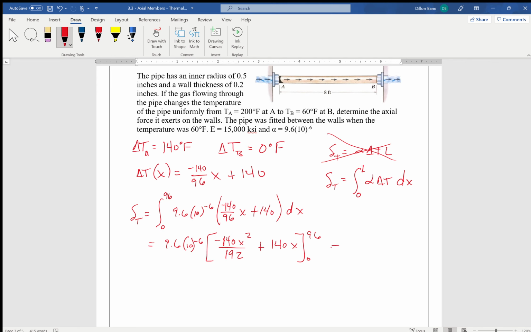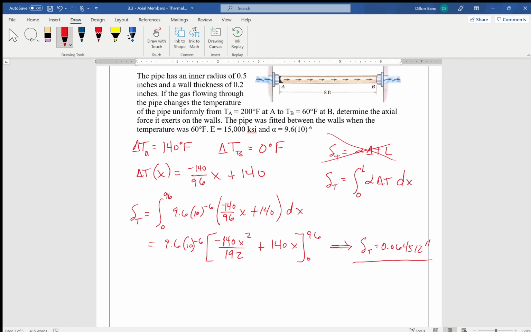So you just evaluate this integral, and we know that if this pipe were unrestrained, we removed one of the supports and allowed it to expand, the delta T would be equal to 0.064512 inches.